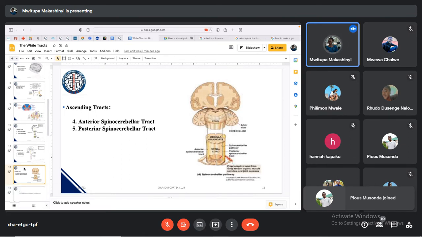So a little bit about unconscious proprioception. There's conscious proprioception, and the dorsal column tracts are involved with that, which is where you are aware of your surroundings, right? So that's what proprioception is. Unconscious proprioception is the proprioception that you don't really have to think about.